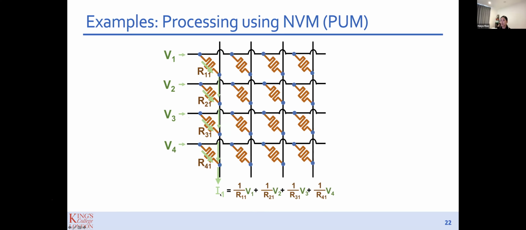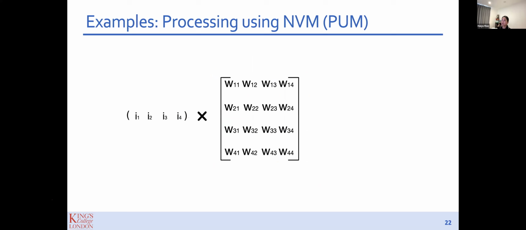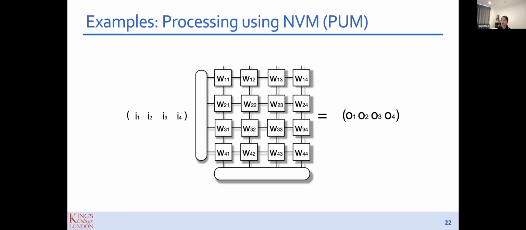The result of sensing this current actually equals the result of multiplying this vector with the matrix stored in the array. So basically, if you want to do this vector-matrix multiplication, you first store the matrix inside this NVM-based array, then convert the input into voltages and apply them on the word lines.